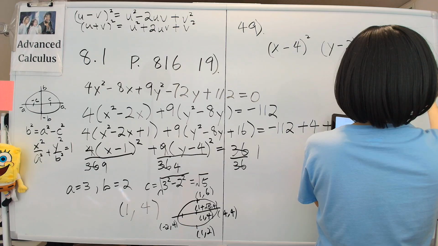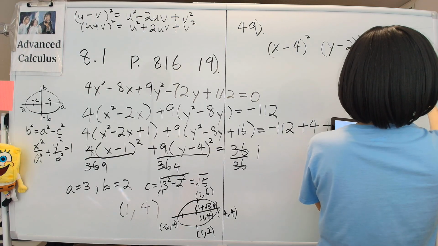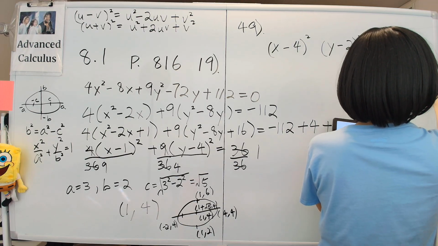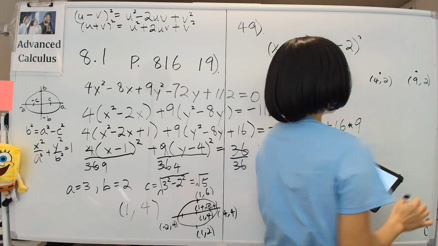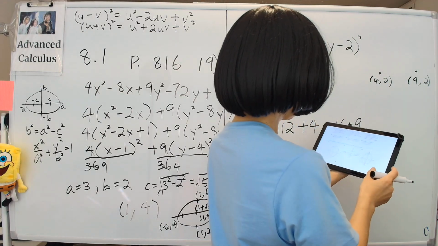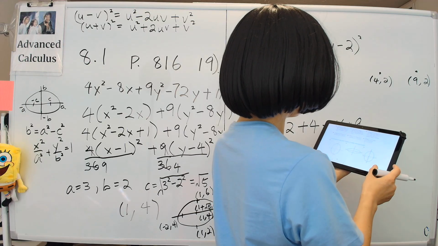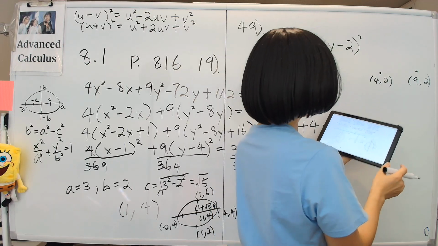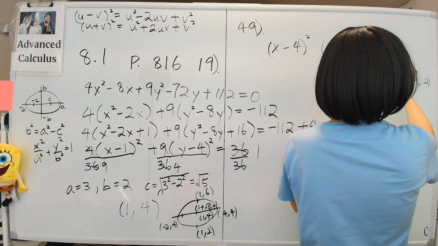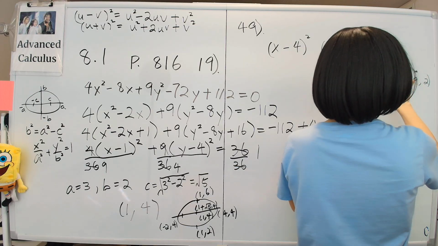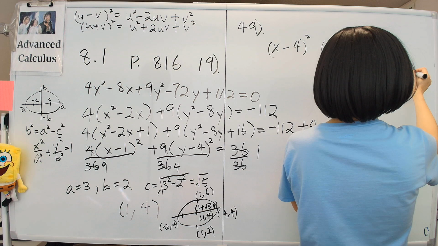It's the same height, so both y coordinates are 2. The focus is at 4 plus 2 square root of 6, so the distance from the focus to the center is 2 square root of 6.